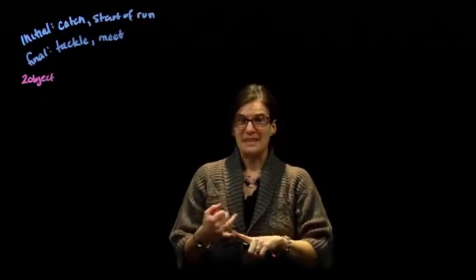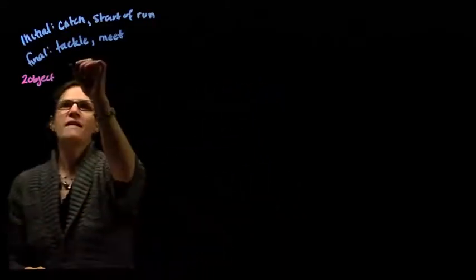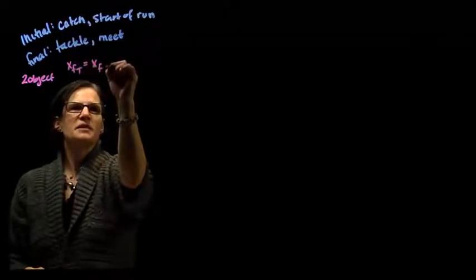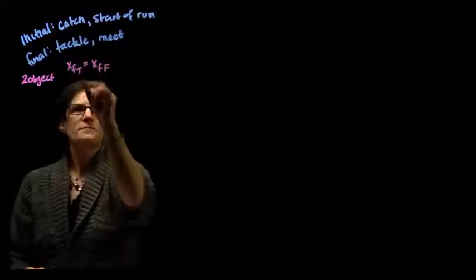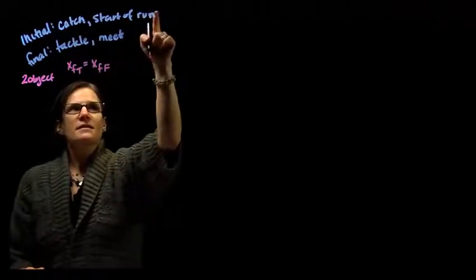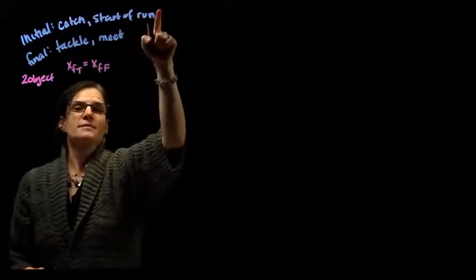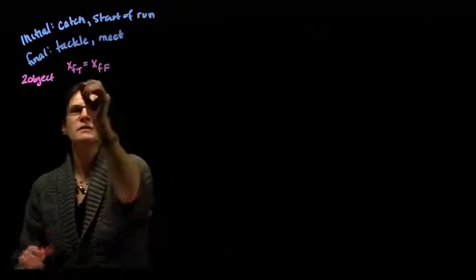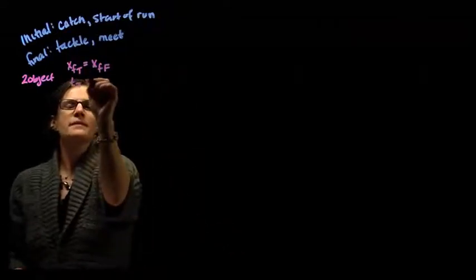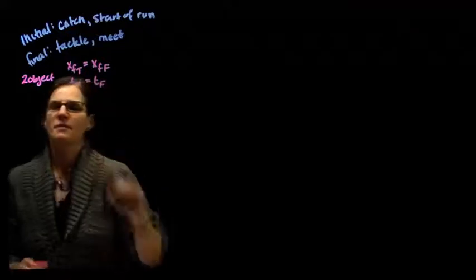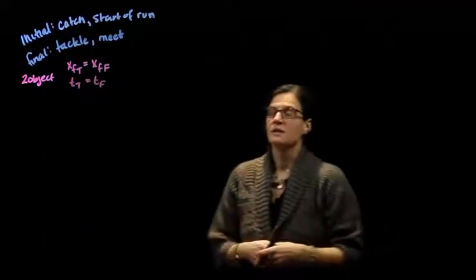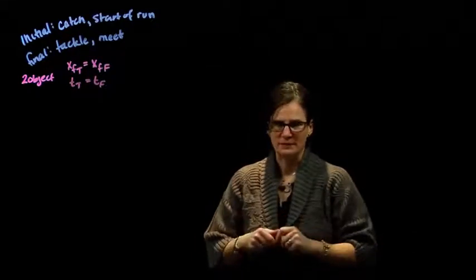Well, they're going to meet, which means the final position of Tommy is going to equal the final position of Fred, and their time is the same. They're starting at the catch or the start of the run, and they're ending at the tackle. So the time of Tom is going to be equal to the time of Fred.